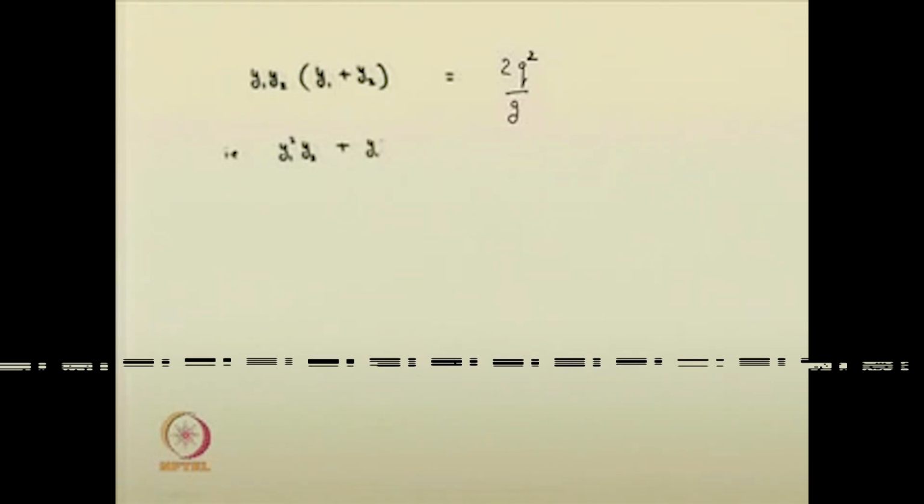This is nothing but equal to twice q square by g, that is y 1 squared y 2 plus y 1 y 2 square minus twice q squared by g equal to 0. It is a quadratic form. You can represent the quadratic form either in terms of y 1 or y 2, as y 2 is the unknown term in most of the cases.